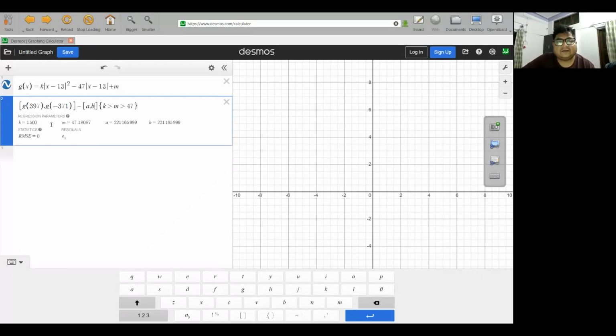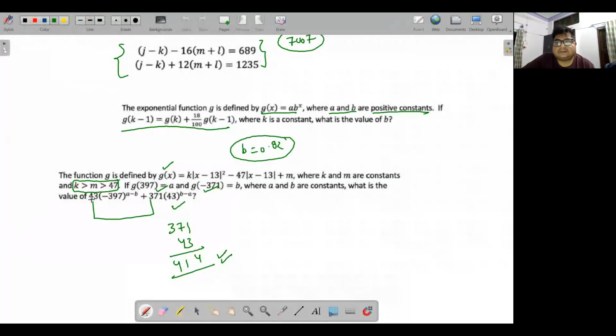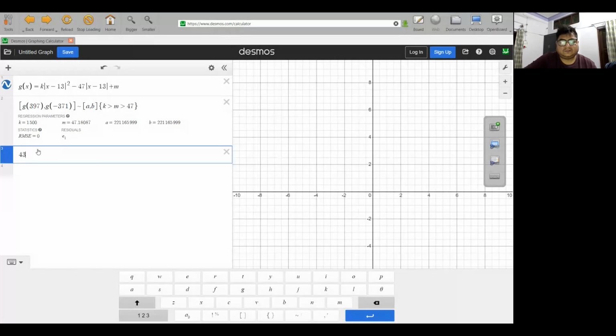Now we get these values. Now we write this as it is. So 3 raised to the power b minus a. Again, I think it's a minus b. So a minus b plus 371 raised to the power b minus a. b minus a, sorry.